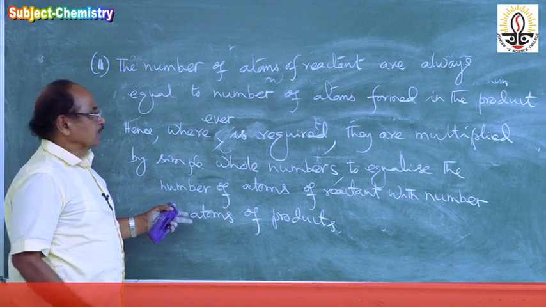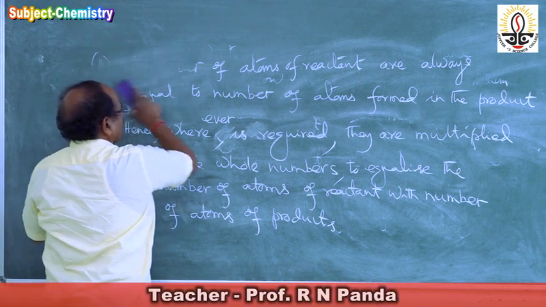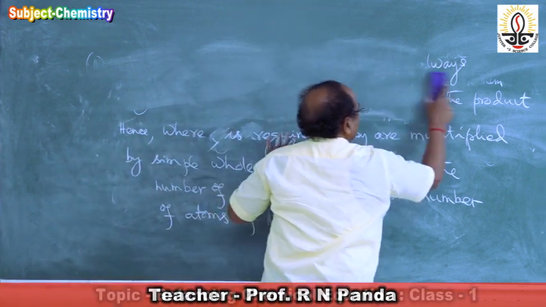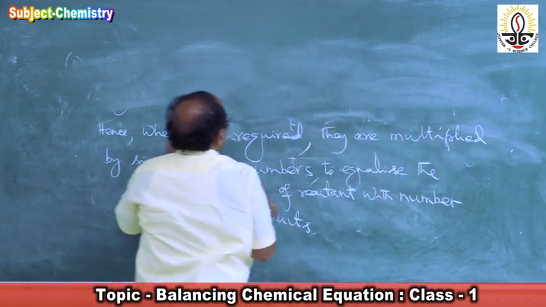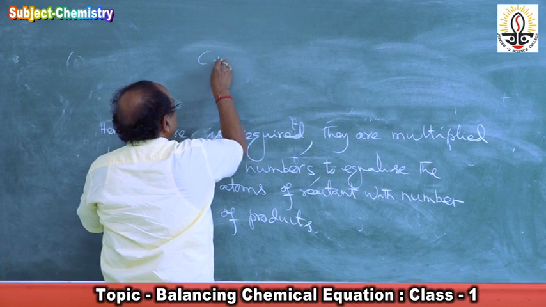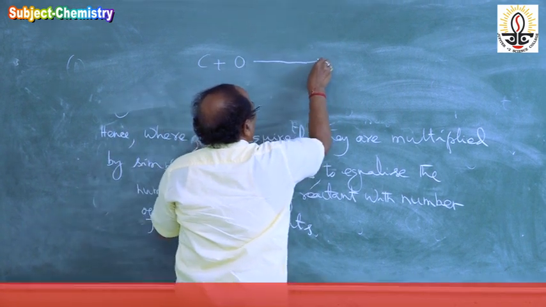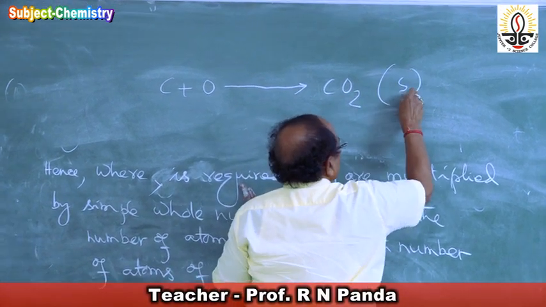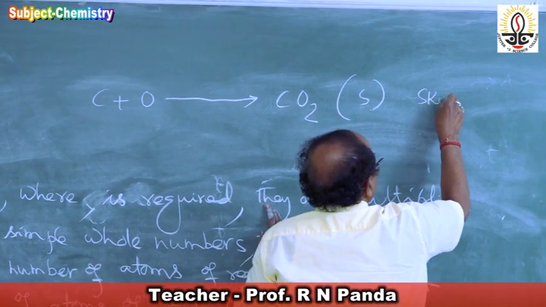So what was our first step? We got the skeleton equation. How did we get it? Carbon reacted with oxygen to form carbon dioxide. This is our skeleton equation.